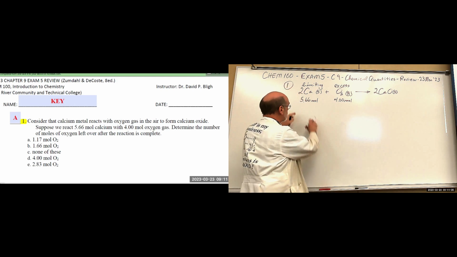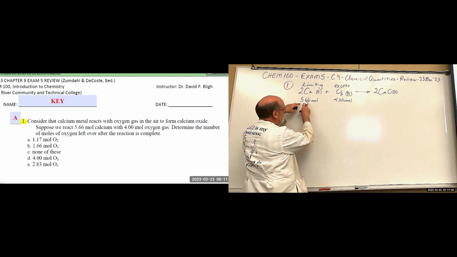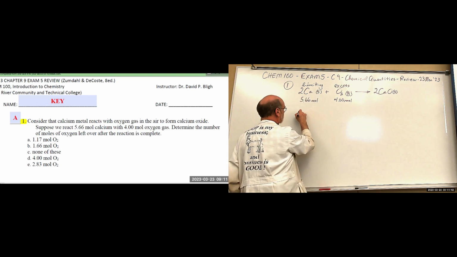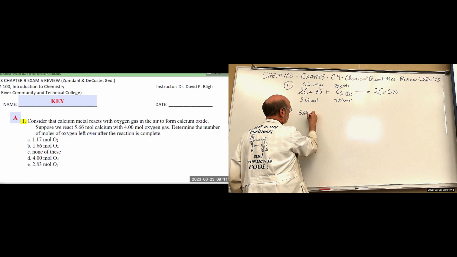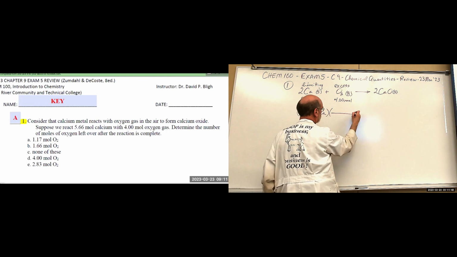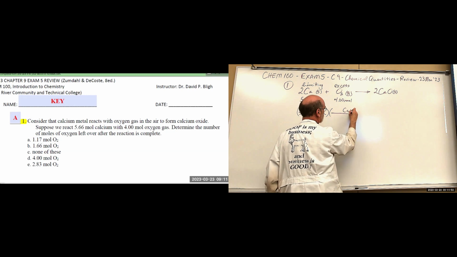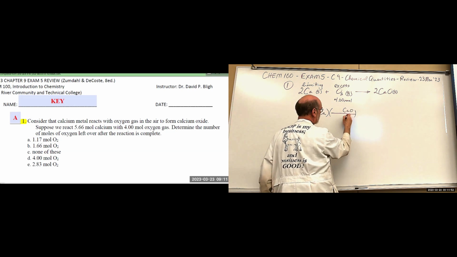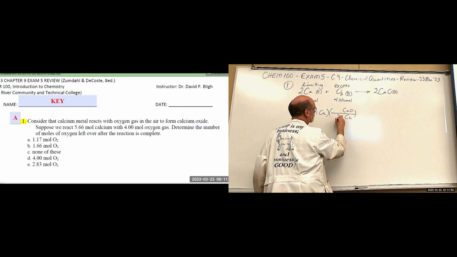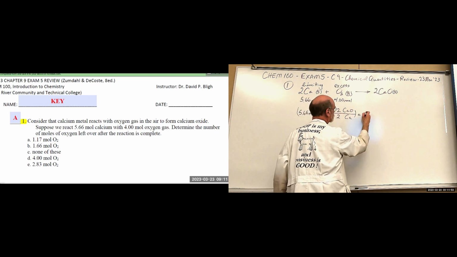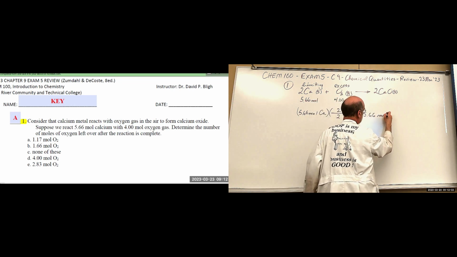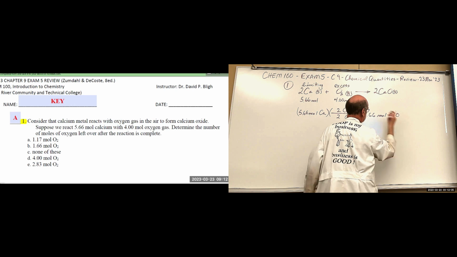All we have to do is convert this many moles of calcium to calcium oxide. Use our conversion factor. Right, we want calcium oxide in the numerator, calcium in the denominator, and we use the coefficients, 2 and 2. So that's 1 to 1, which means that you should also have 5.66 moles of calcium oxide.